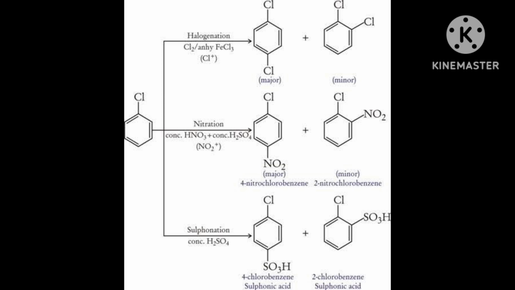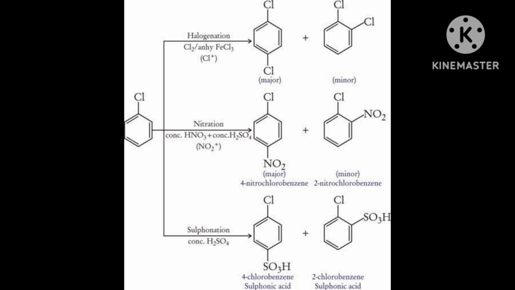Now I am telling you about what I discussed, the para and ortho positions. We will observe the presence of an electron withdrawing group. An electron withdrawing group means it can withdraw electron, it can take the electron, like NO2. In NO2, N is positively charged, because oxygen is attached to it and the N electron has been taken by the 2 oxygens.